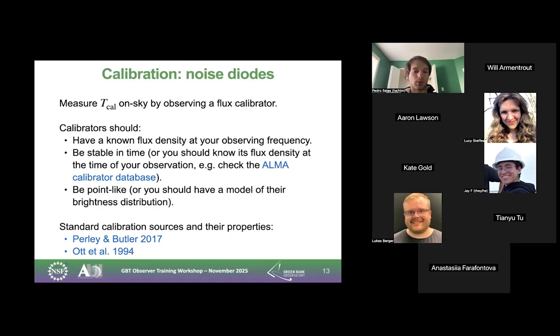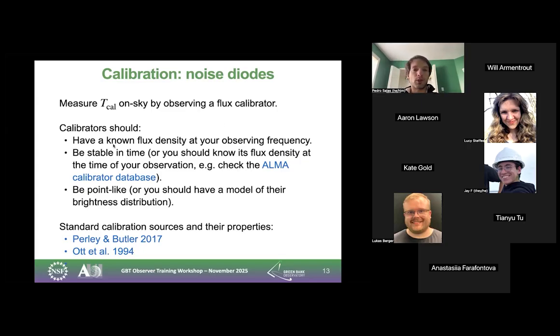It's one of the best catalogs. Basically, you know the flux of these sources as a function of frequency. You can go observe one of these sources, compare with what you're measuring, and assume that all of the difference comes because your noise diode is miscalibrated, or because the temperature that's reported is different from what it's actually doing.